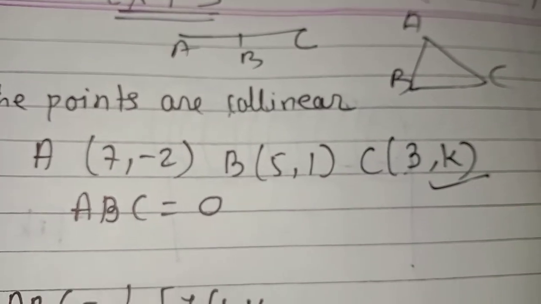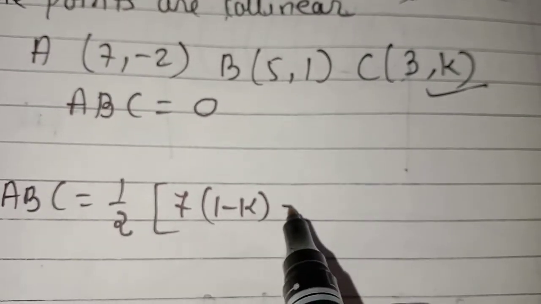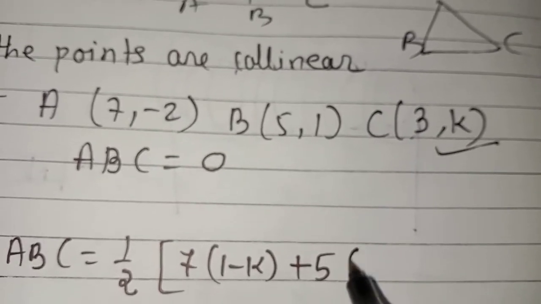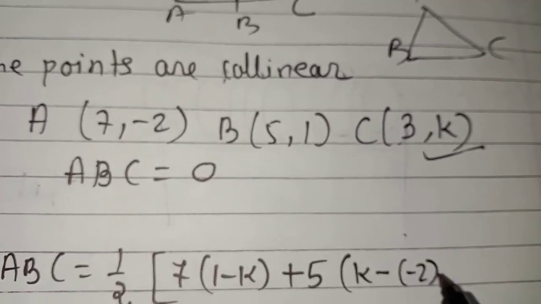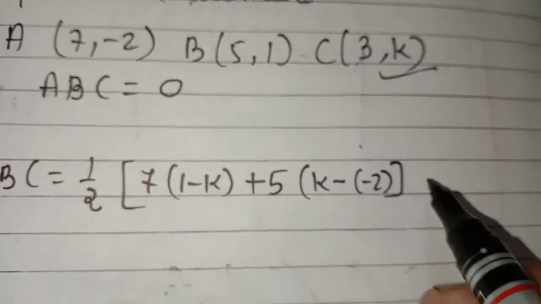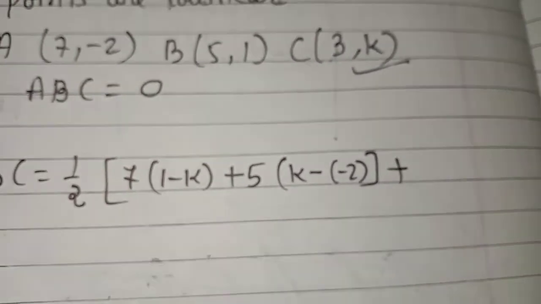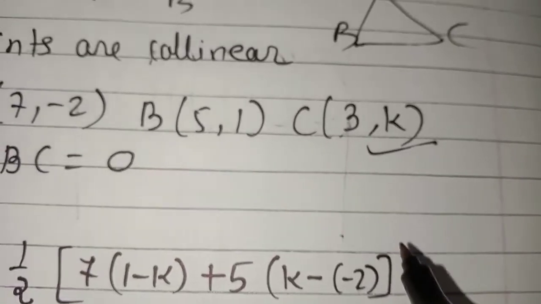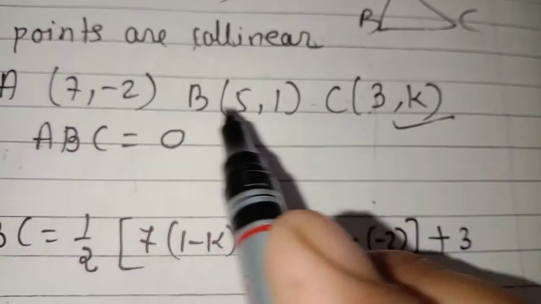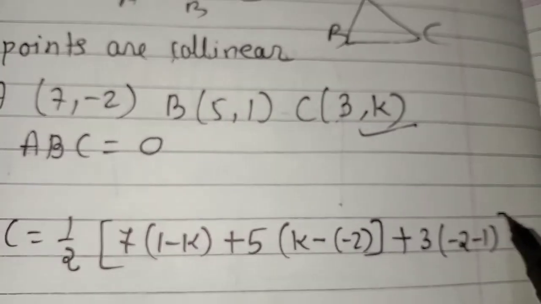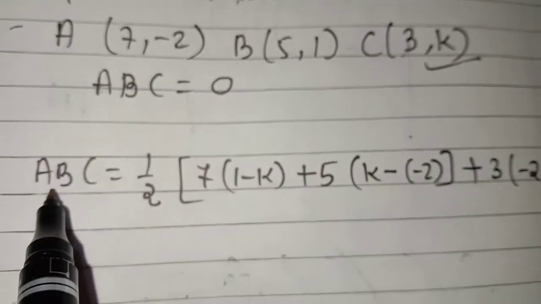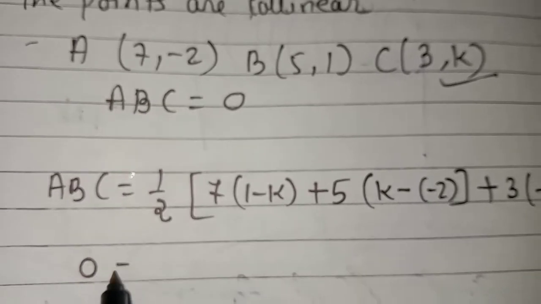I will write here 7 times (1 minus k) plus 5 times (k minus (minus 2)). What I am doing here is just using the area of triangle formula, and plus 3 times (minus 2 minus 1). Since it is collinear, the value will become equal to 0.